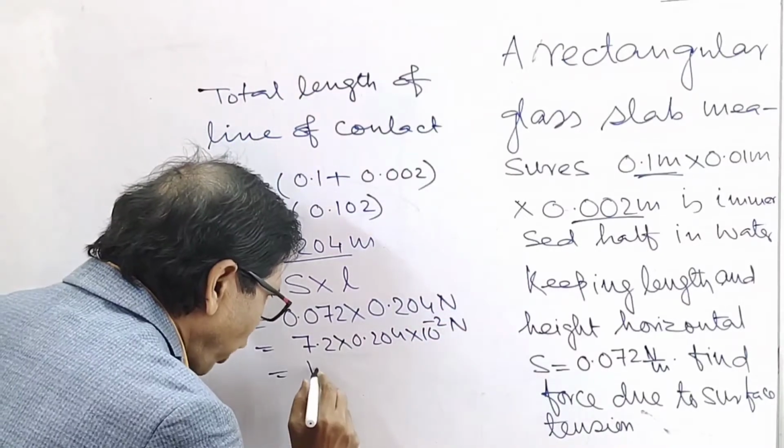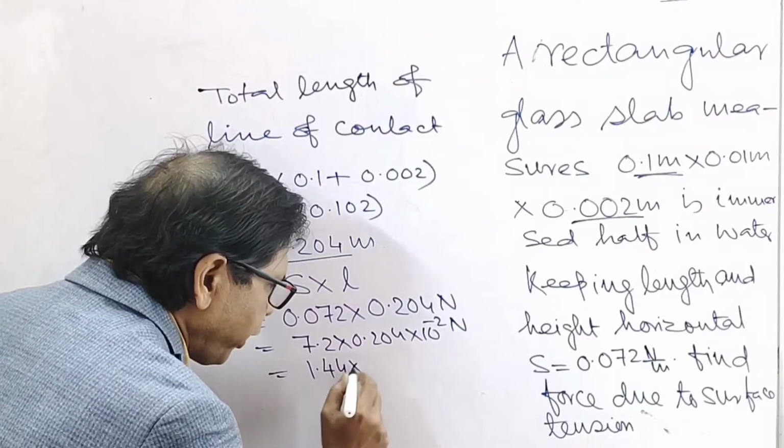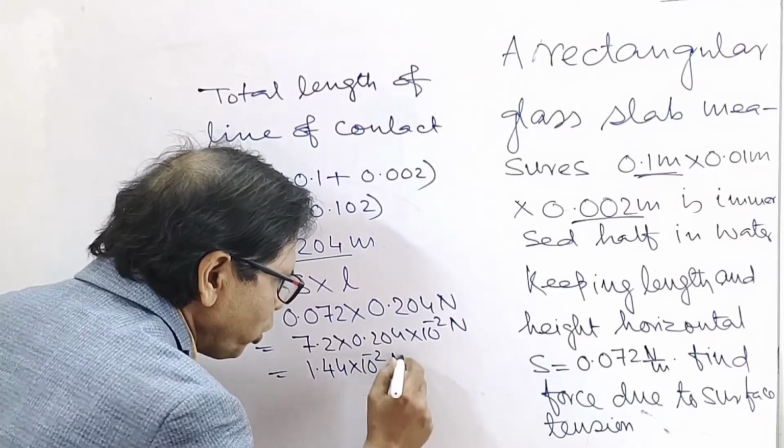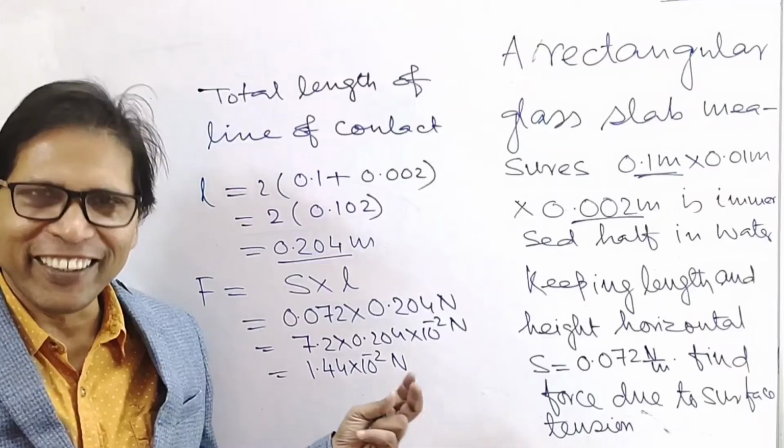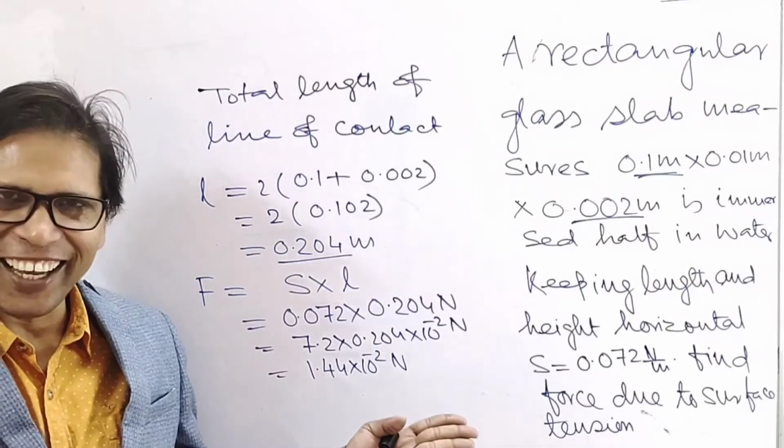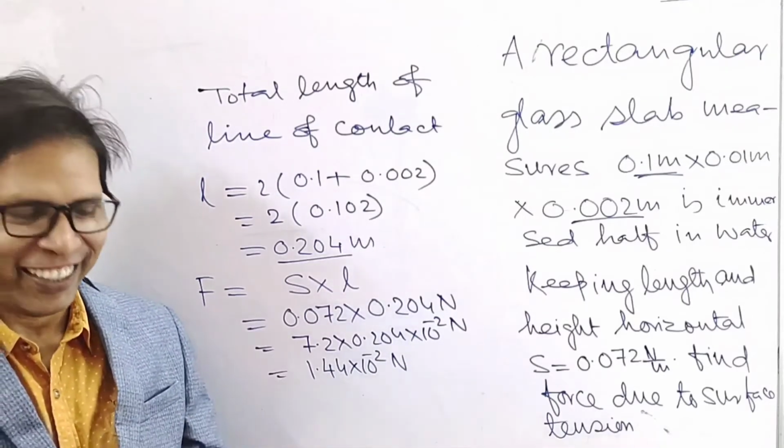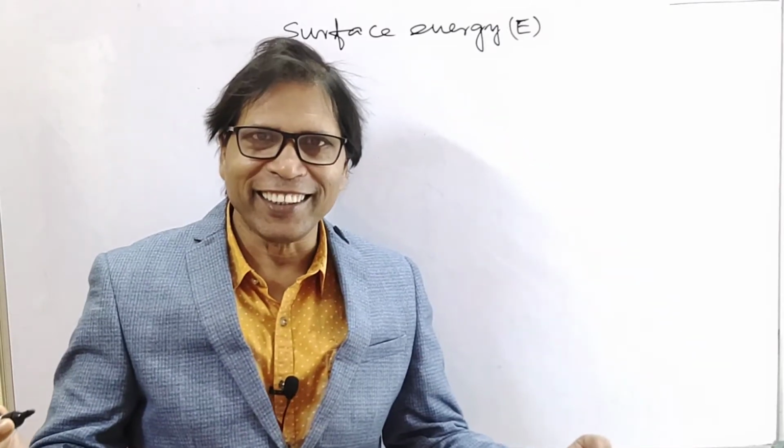This is 1.44 into 10 to the power minus 2 Newton, the force due to surface tension. Okay, understood?